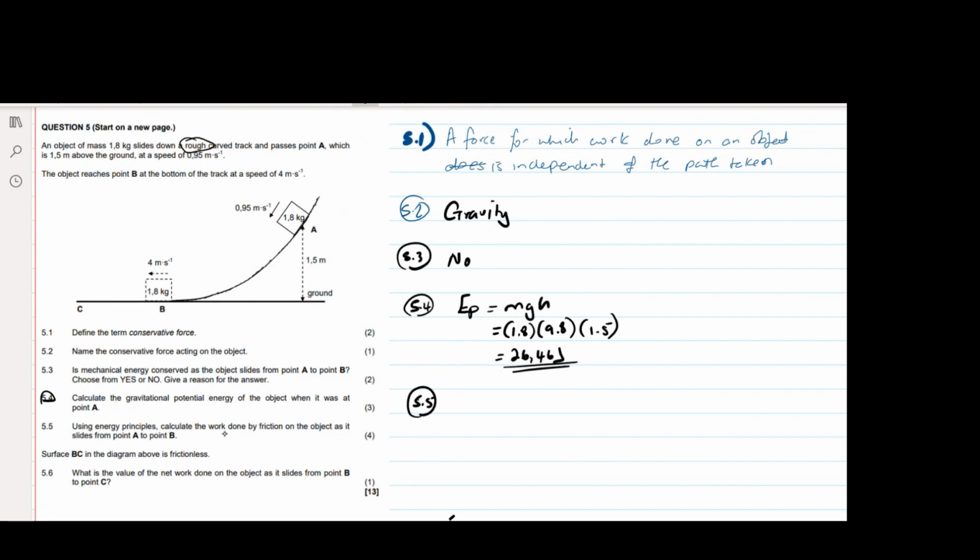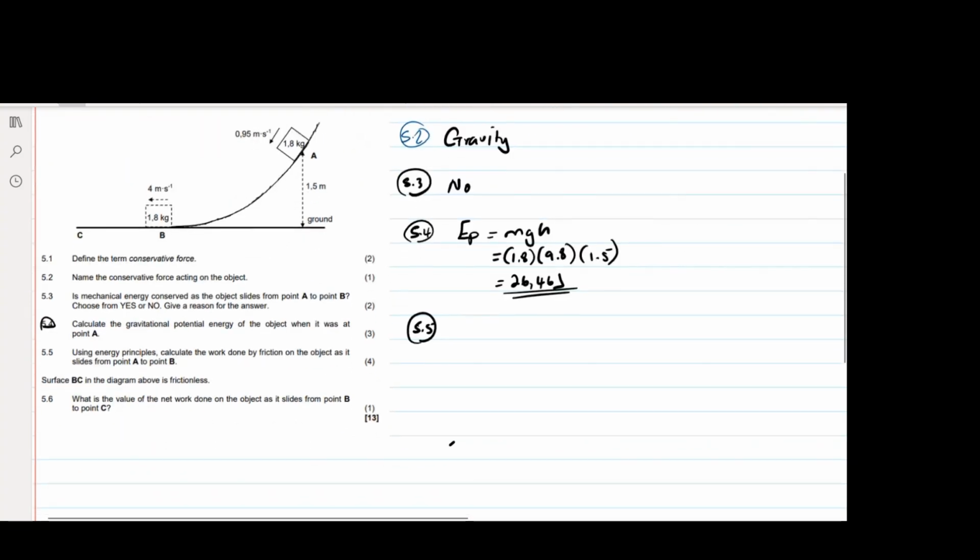Then we go to 5.5. Using energy principles, calculate the work done by friction on the object as it slides from point A to point B. Using energy principles, we can say the total mechanical energy at point A, compared to the total mechanical energy at point B, and the difference will give us the work done by friction.